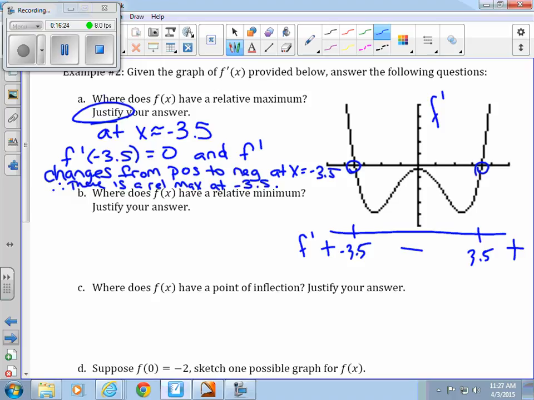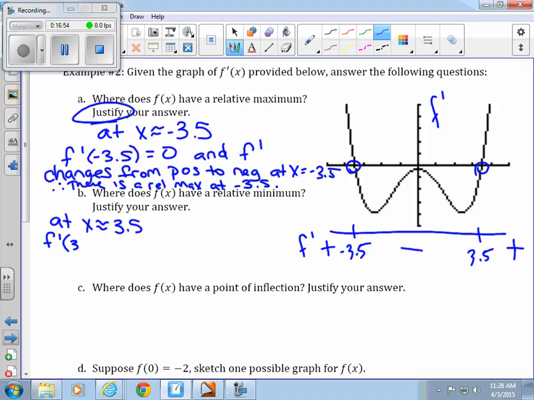Where does f of x have a relative minimum, justified? We're going to copy paste almost, right? Has a relative minimum at 3.5. Again, that's probably worth a point. It's a 4-part question, I don't know, it's probably 2 points each, a point for the answer and a point for justification.